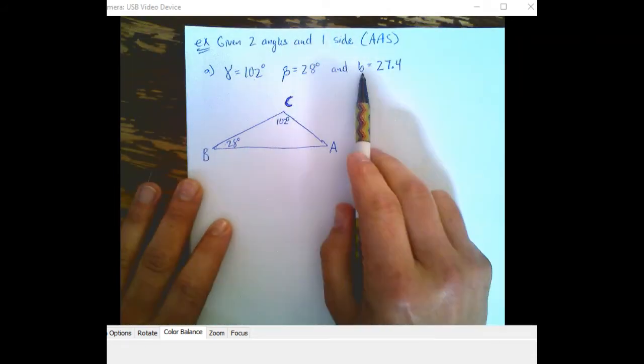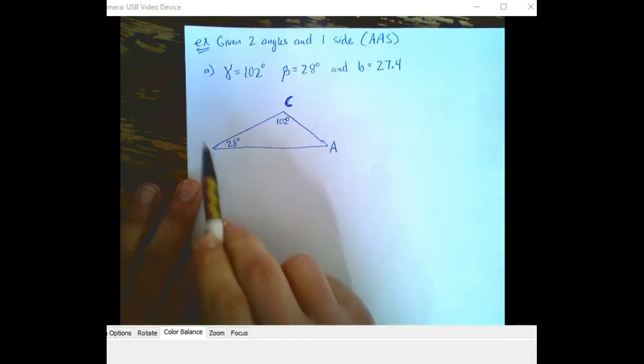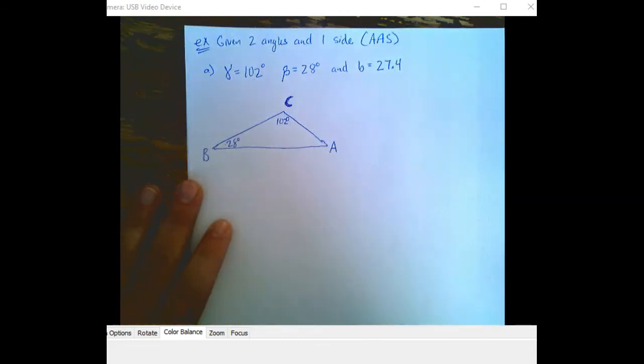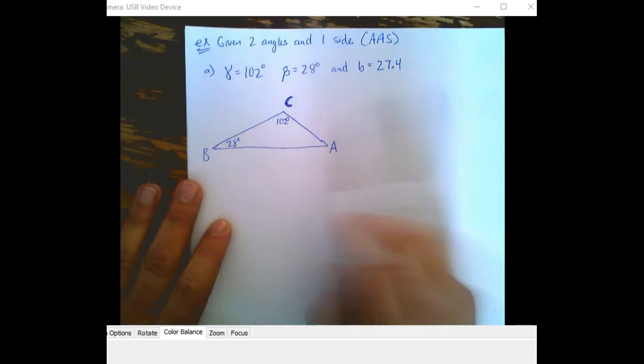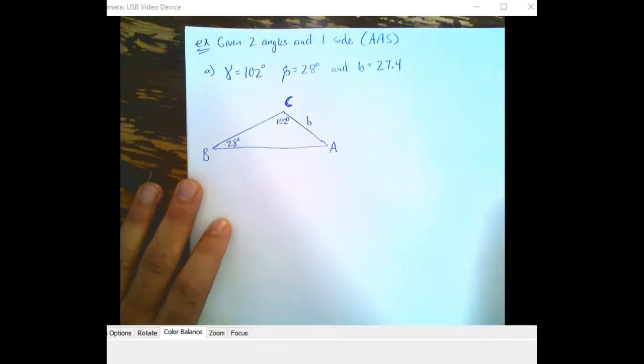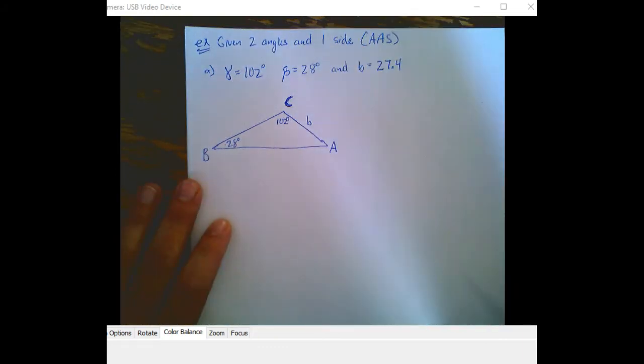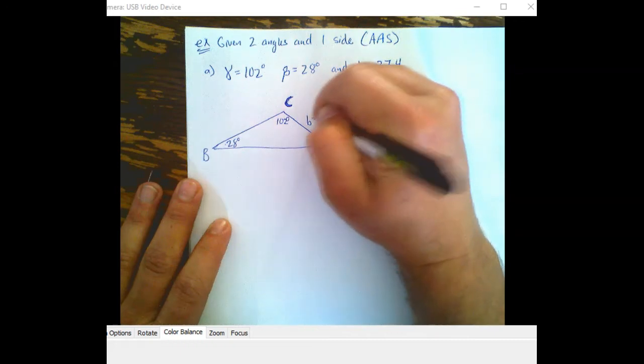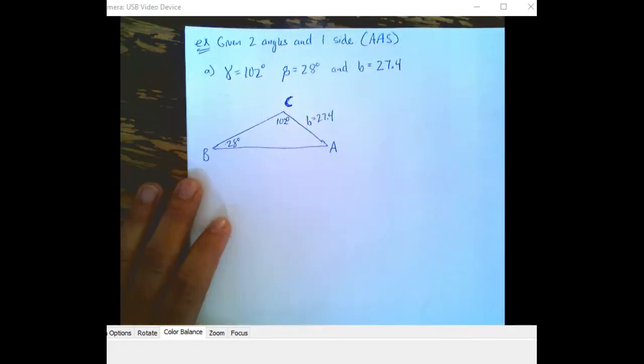And little b is 27.4. Where would little b be on this diagram? It would be across from big B. So there's little b there, which is 27.4. Okay.